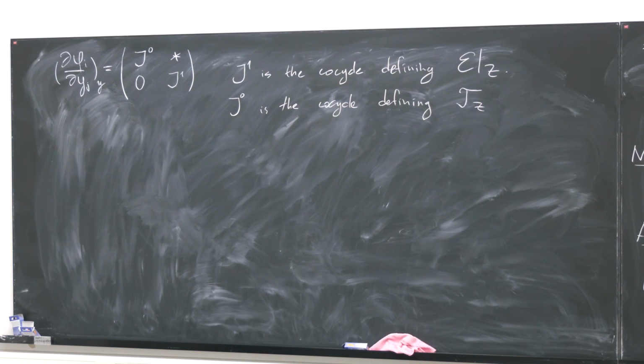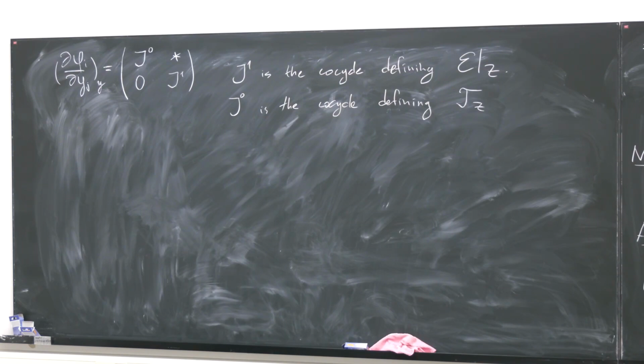Then x1 up to x_{m-r} are local coordinates on Z, and the same for this other coordinate system consisting of y's.